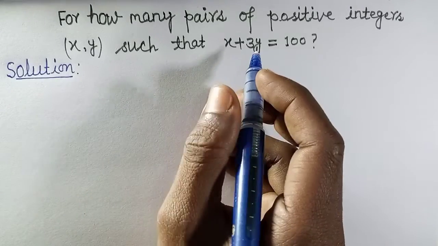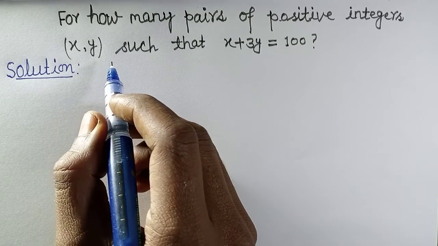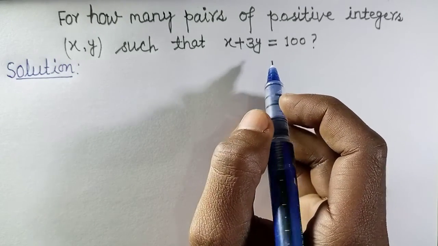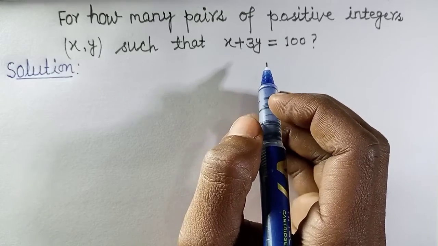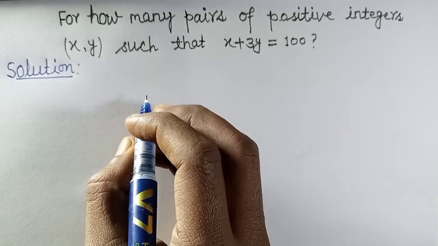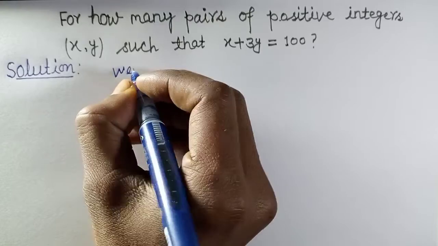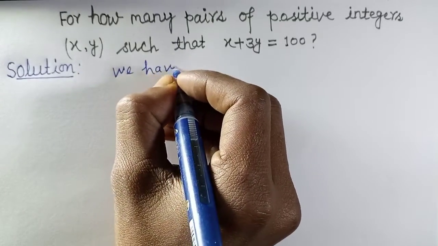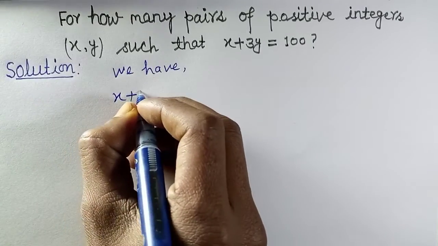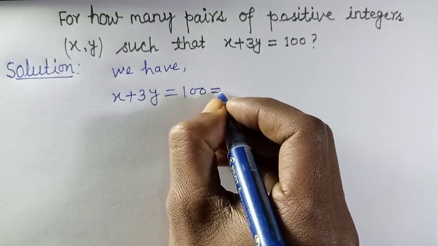So we have to find out all positive integers x, y that satisfy x plus 3y is equal to 100.